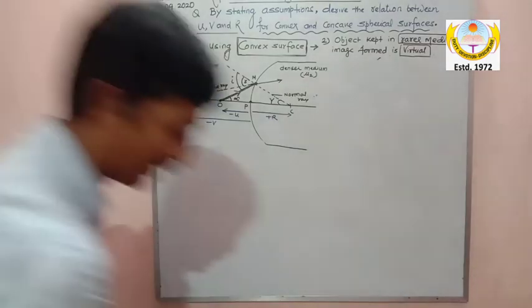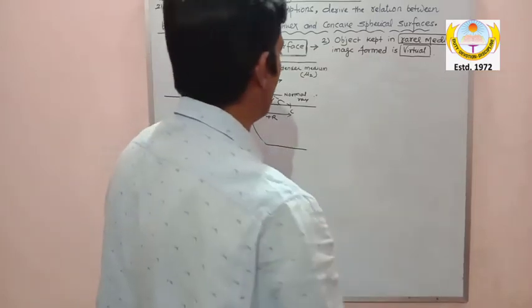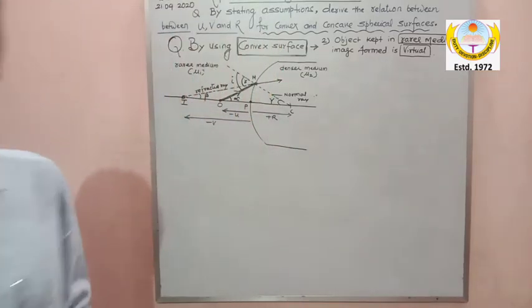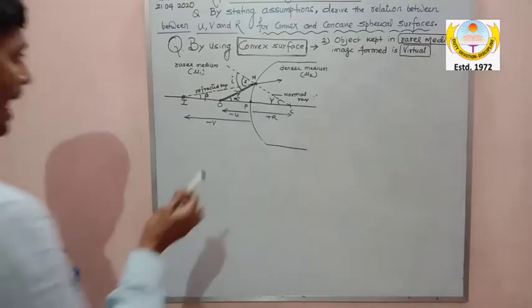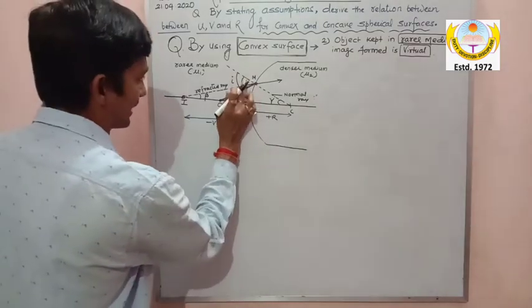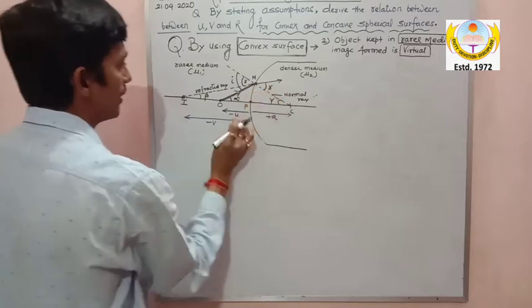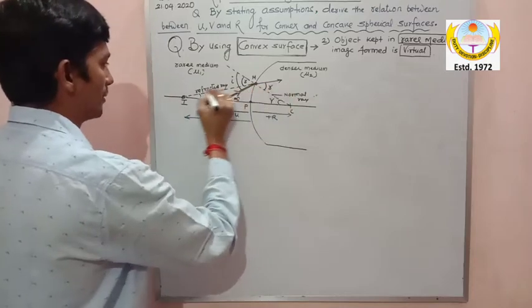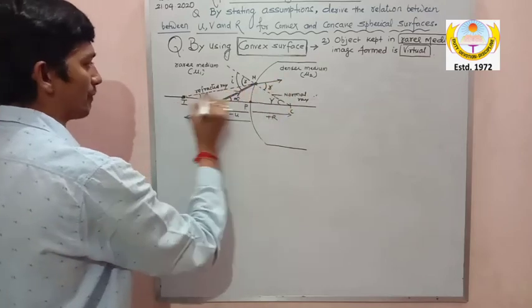Now let's start with the concept: what angle we are getting, how to solve this, what the answer for this question will be, and how to prove this. I can draw the refracted angle here also, because this is your refracted ray, which I produced on the same side of the object.